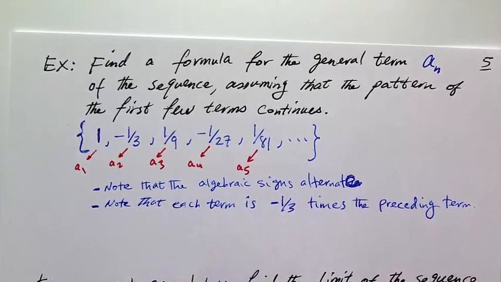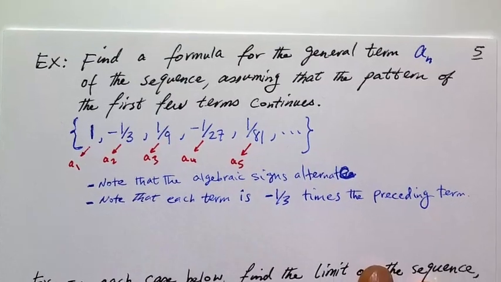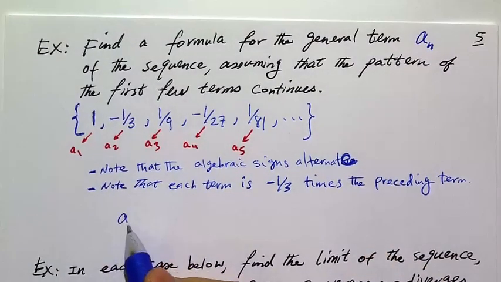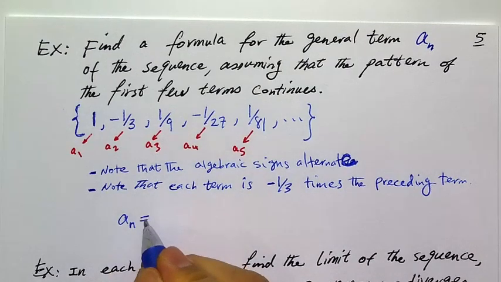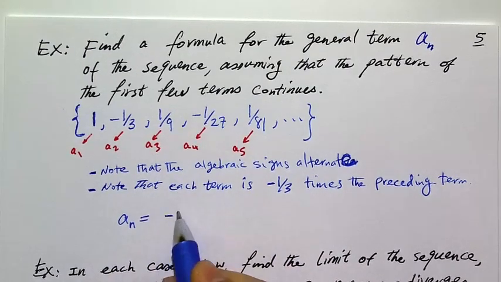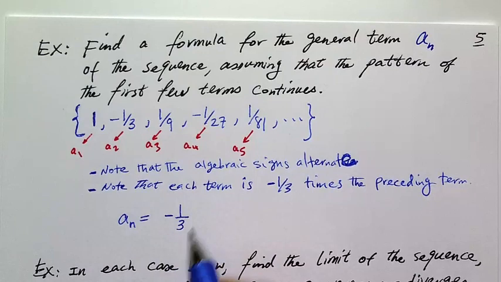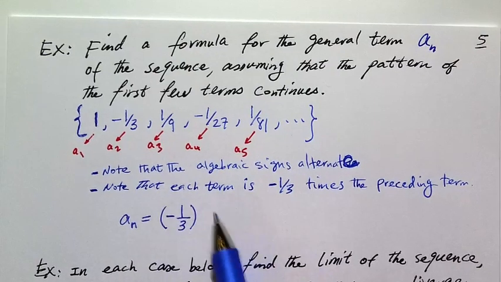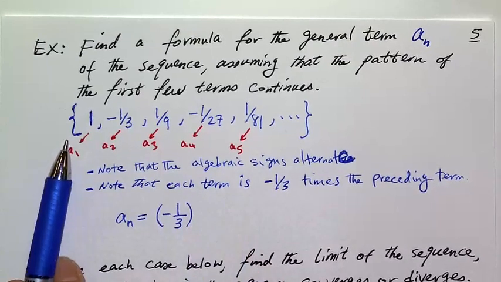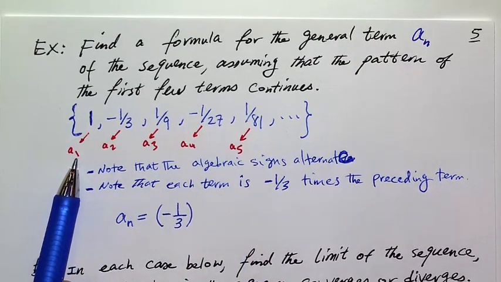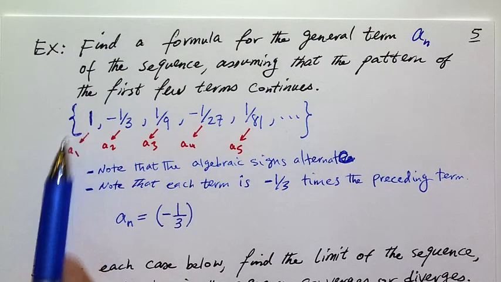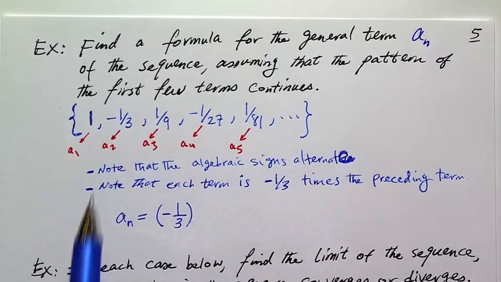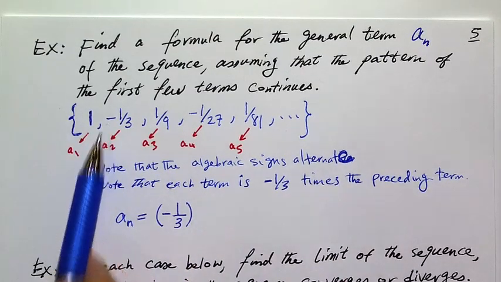So if we capture these two patterns in an nth term expression for the sequence, we should have minus 1/3, raised to some power such that if we begin with n equals 1, we get something positive, or 1 in this case, and then for n equals 2, we get negative 1/3.